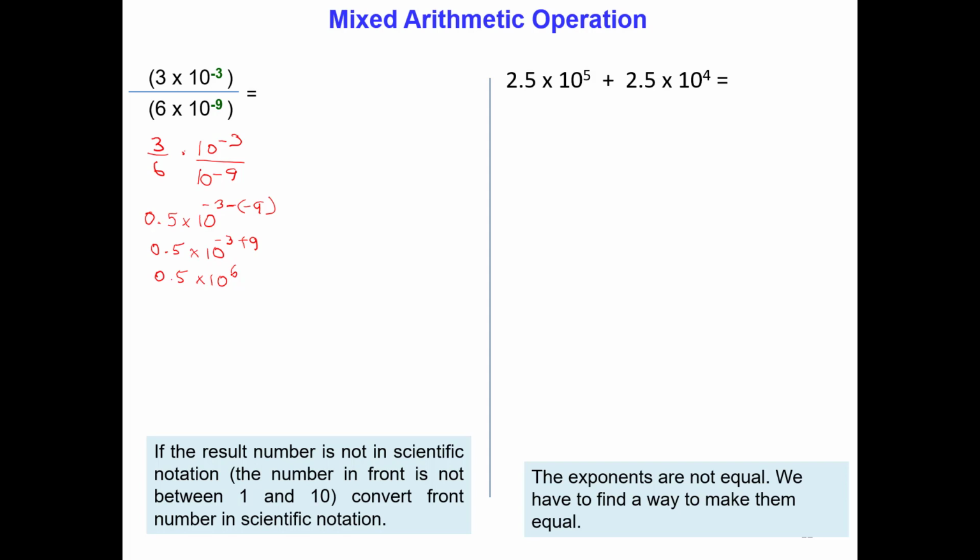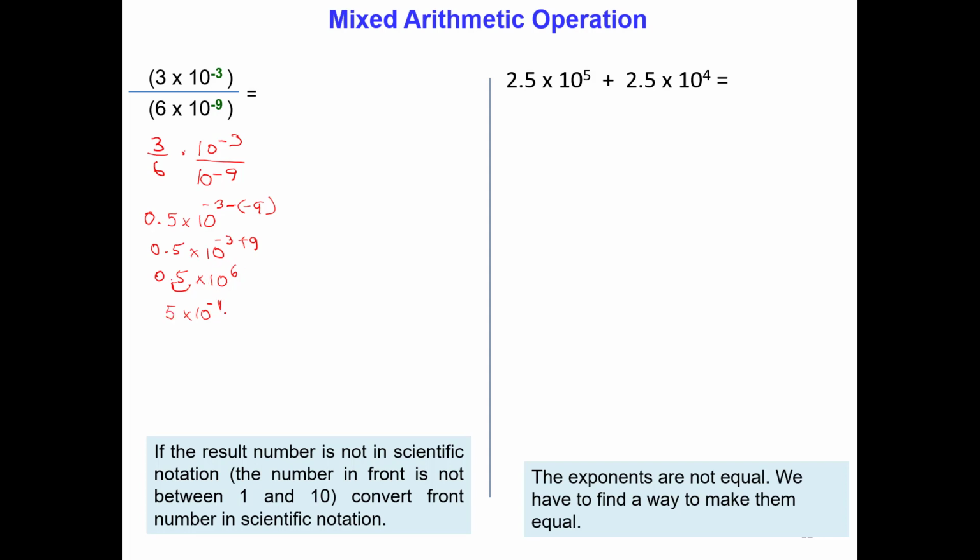We move the decimal place one place, and we know this is -1. This number is less than 1, so the exponent must be negative. But here it is 5, sorry. Here must be 5.